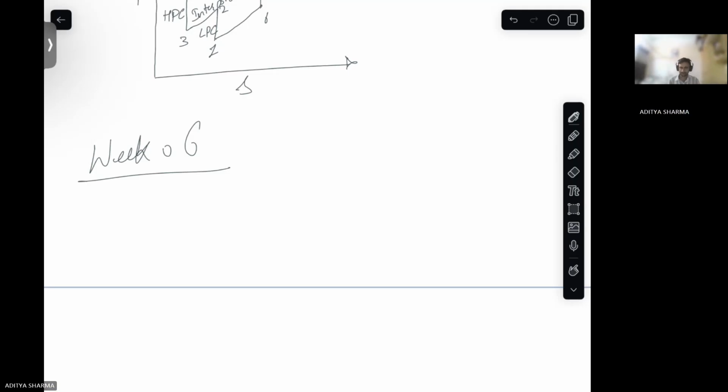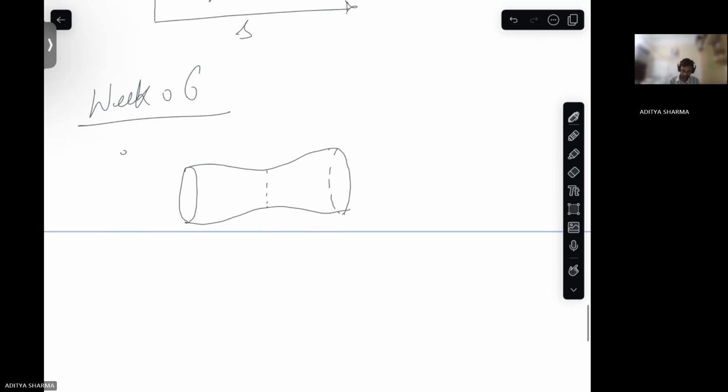So I'll just draw a CD nozzle. I've drawn a CD nozzle.